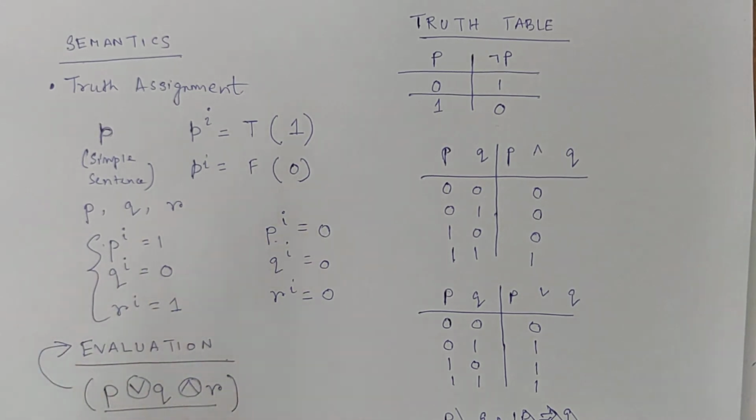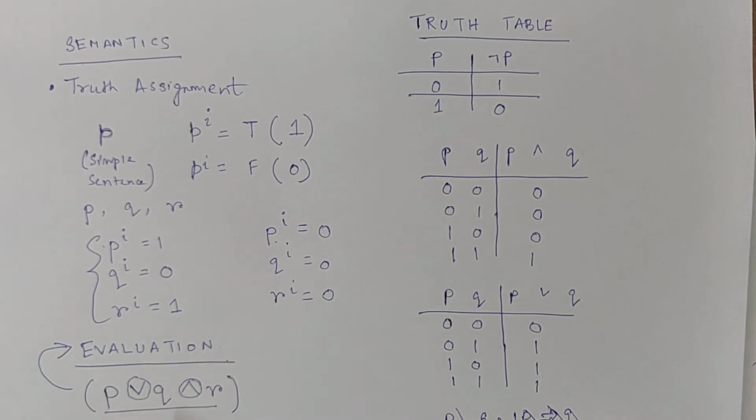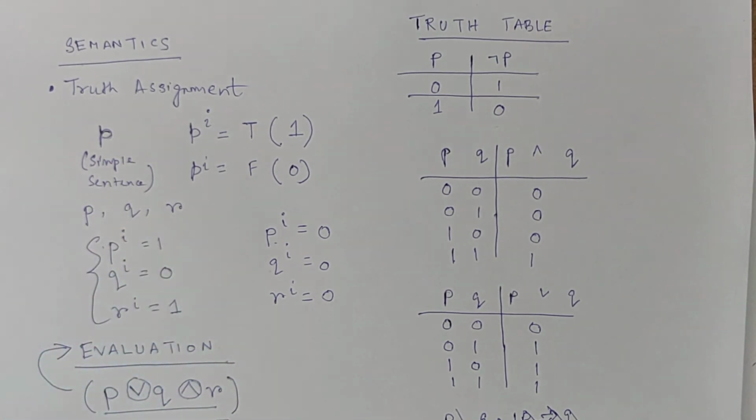But once the simple sentences have their values assigned, how do we know the value of the sentences that are made up of the simple sentences? Like this is a compound sentence which is made up of these simple sentences. That process is called evaluation.